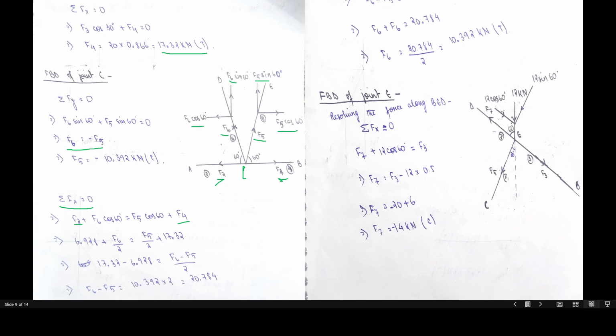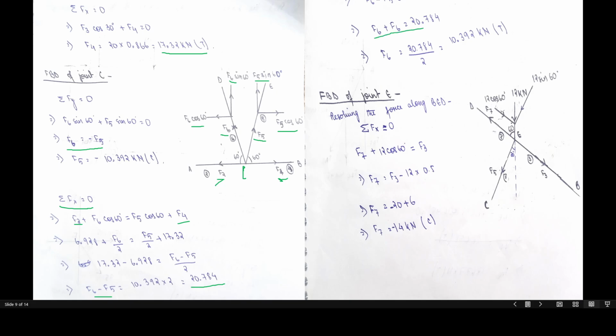But before that, since F5 and F6 are both unknown forces, we'll have to find the value of either one. And we already have the relation as F6 equals minus F5. So in this one, we got F6 minus F5 is equal to 20.784. So we'll simply substitute minus F5 as F6.